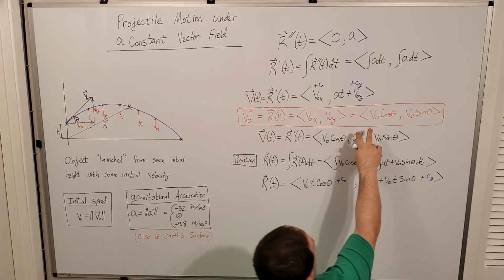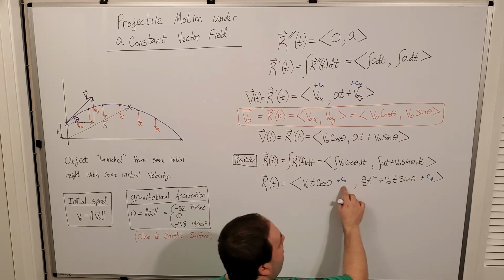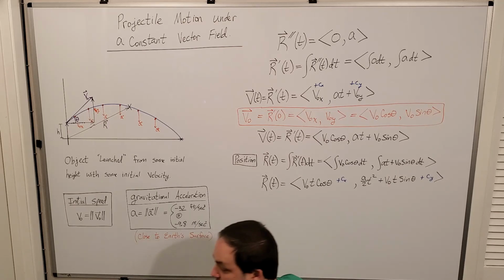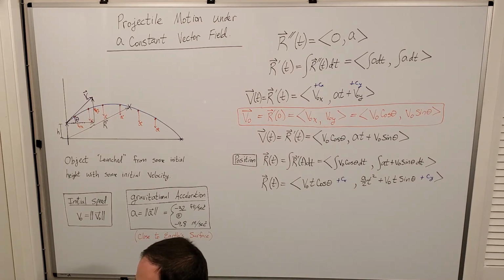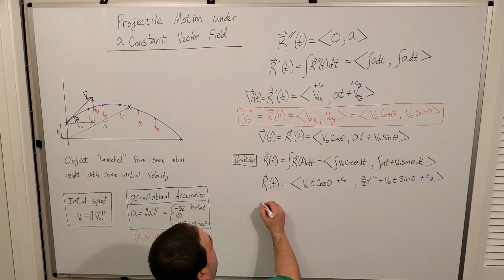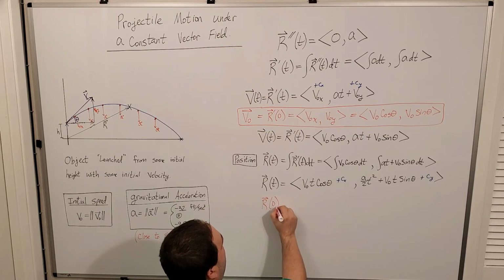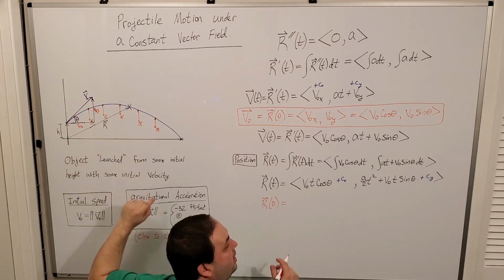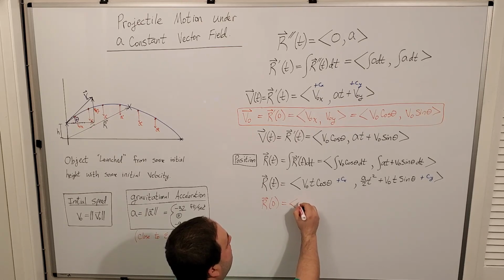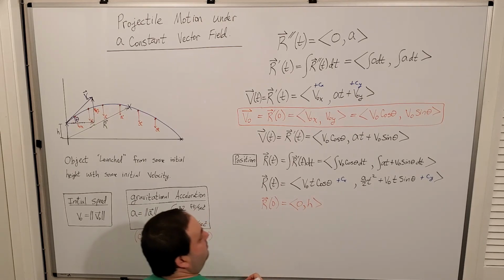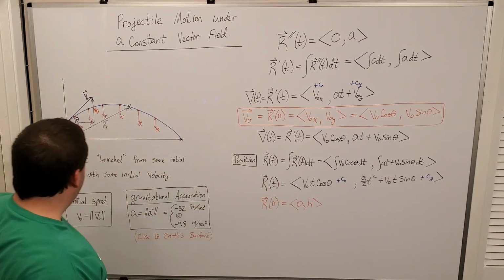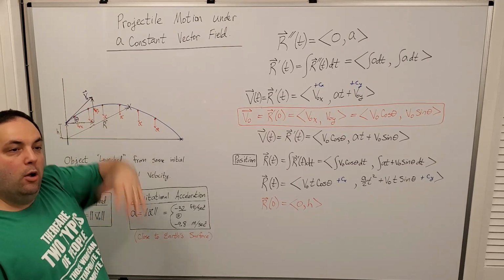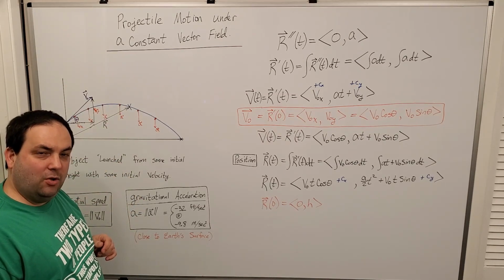Just like before with the velocity, these constants end up being our initial values. How do we know that? Well, take a look. If I plug in 0, just r of 0, that's the initial position, the starting position. Well, that was 0 and h, because it had not traveled any in the x direction yet. So it's 0, but it's h, however much initial height off of the ground.